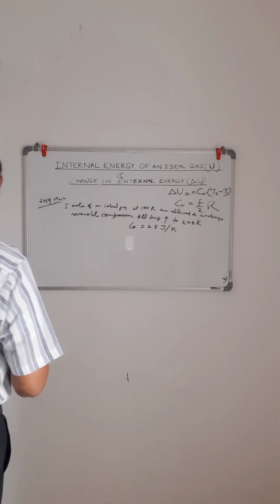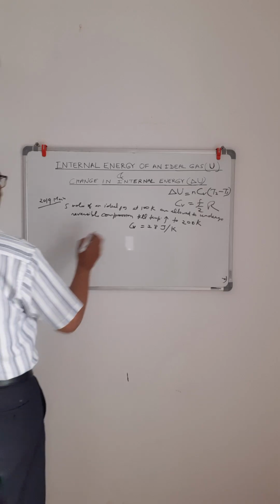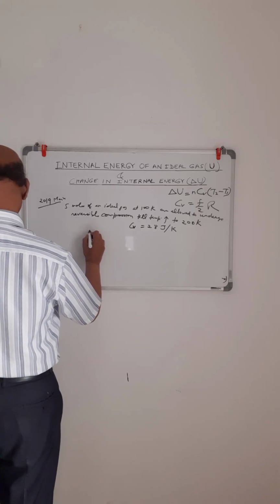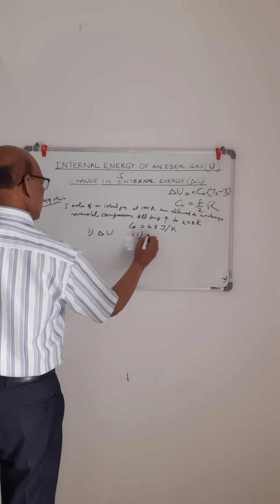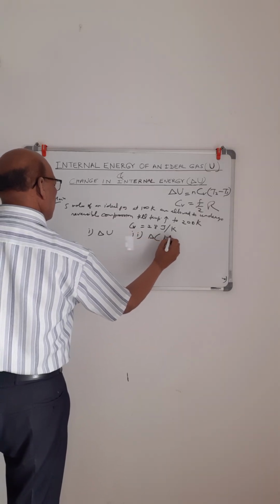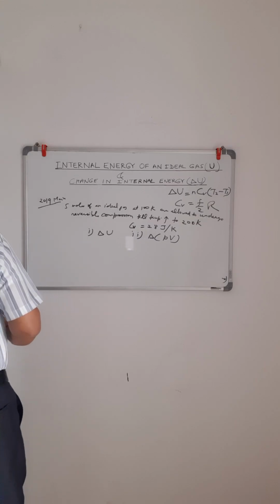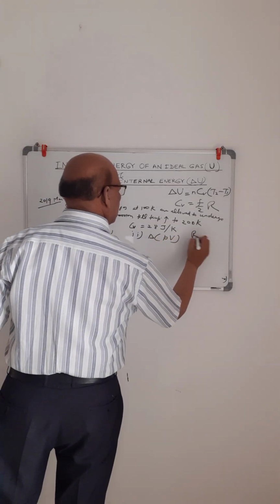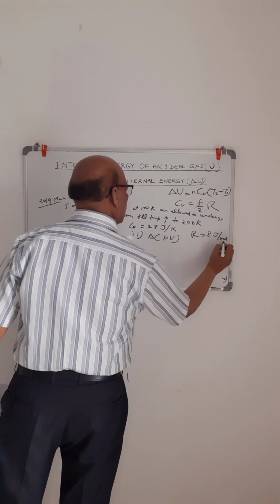Okay, now what we will do, we have to find out number 1 delta U, and number 2 delta of PV. These two things we have to find out, and R is given as 8 joule per mole Kelvin.